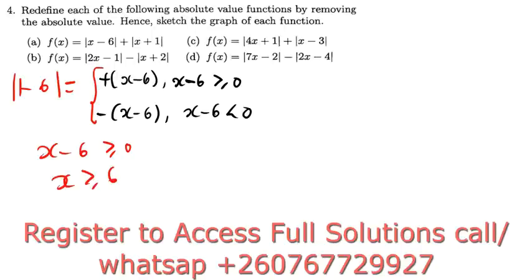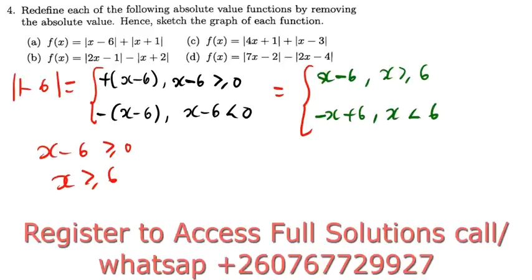The next step is, if I multiply positive by everything inside, it's going to be x minus 6, the condition that x is greater than or equal to 6. The second one, if I multiply by negative, negative times x is negative x, and negative times negative 6 is positive 6. The condition should be that x is less than 6.